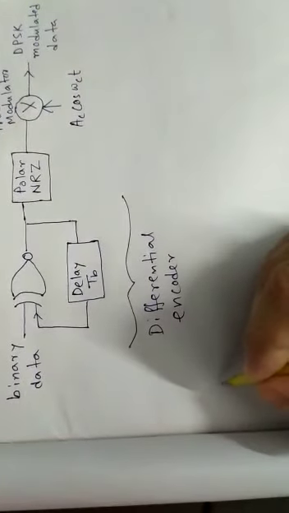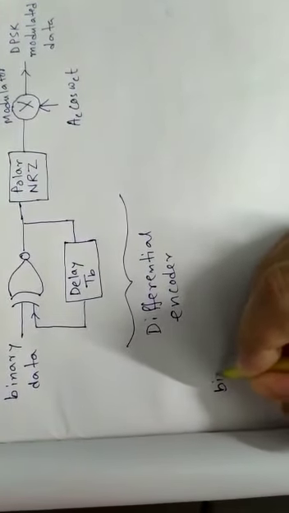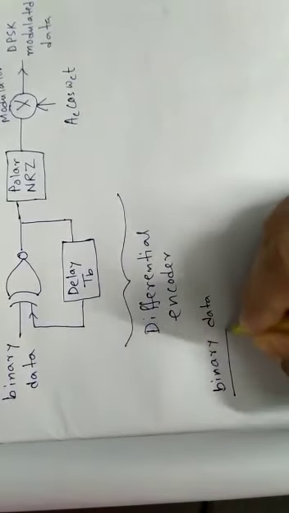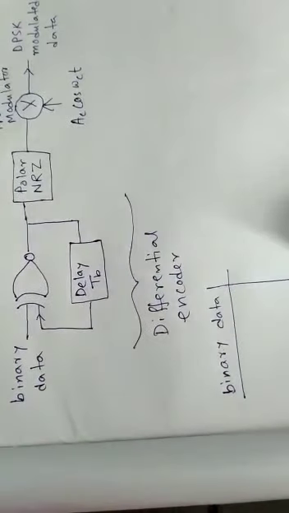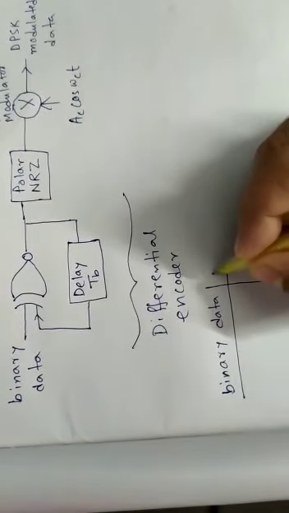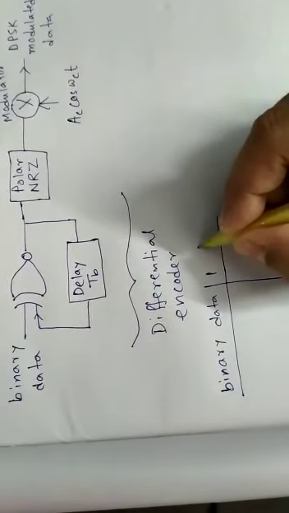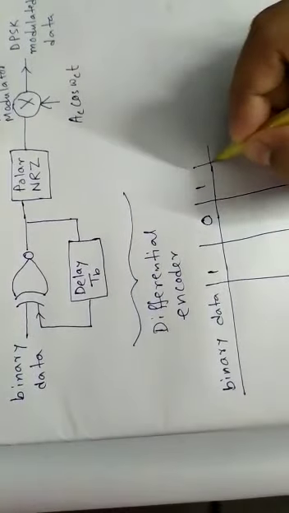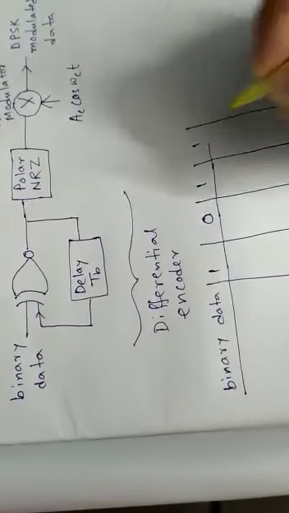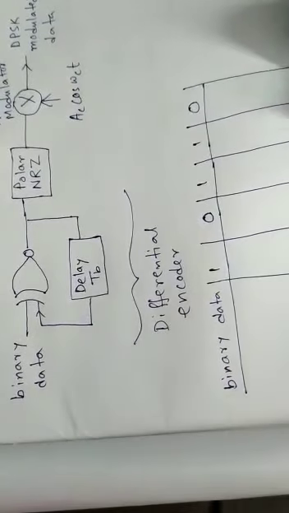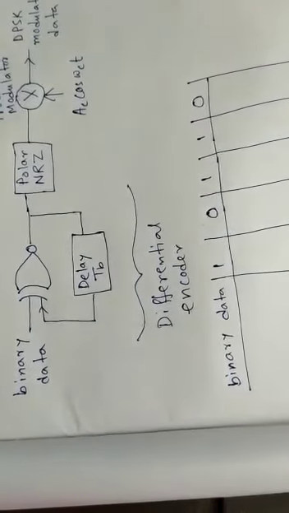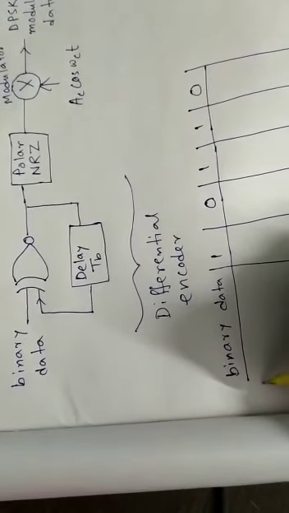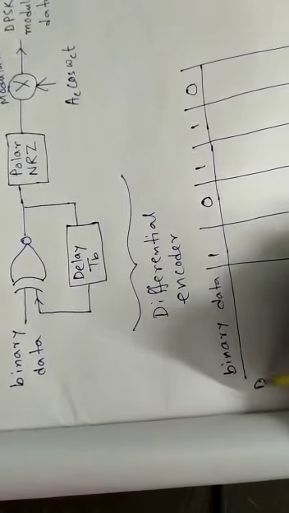So suppose I consider the binary data as 1 0 1 1 0, and I consider this is the differentially encoded data.